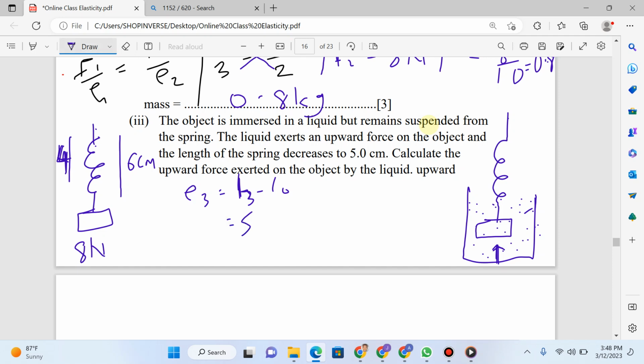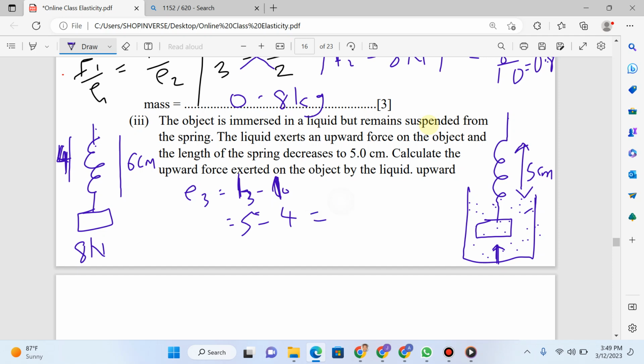L3 is the new length, 5 centimeters, the length we derive after putting this object in a liquid. So we have 5 cm minus L naught, the unloaded spring with no force attached, whose original length is 4 cm.